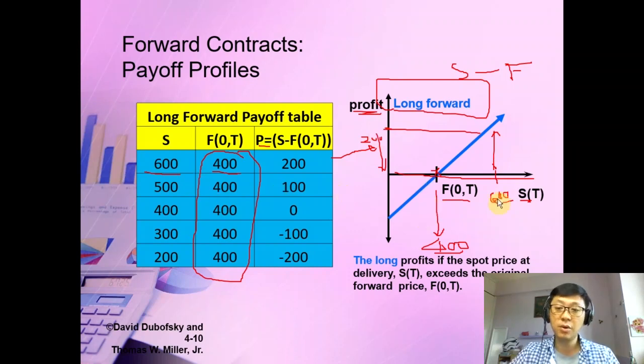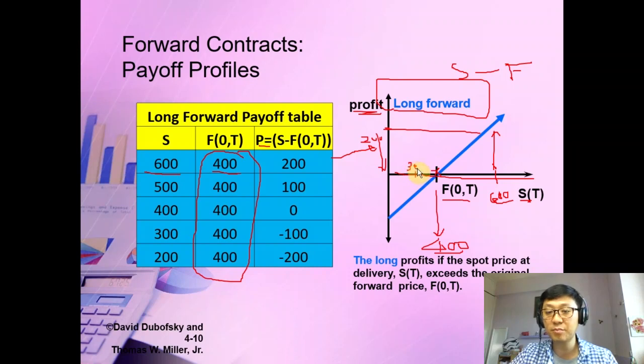What happens if the market price goes down to, let's check, 300? Since 400 is here, 300 is the spot price.